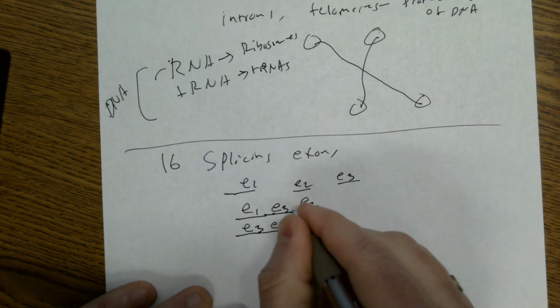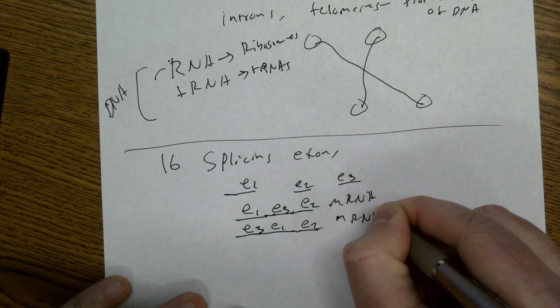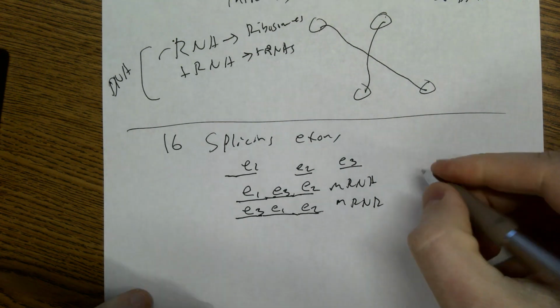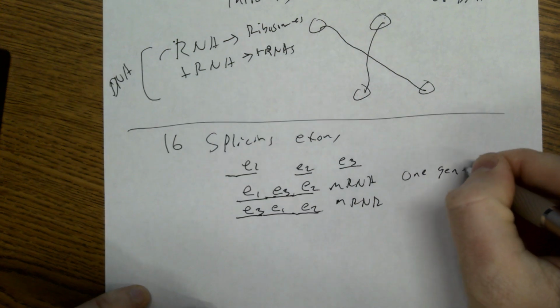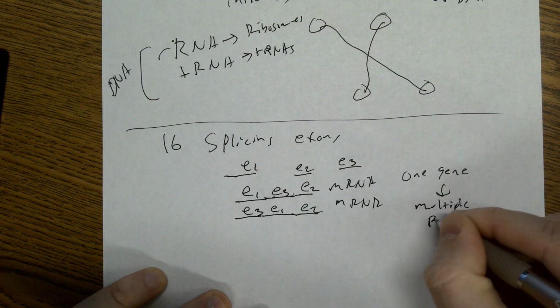So if this was mRNA 1 and this was a different mRNA, you can see how these exons have been changed to do a different one. So this allows for one gene to code for multiple polypeptides.